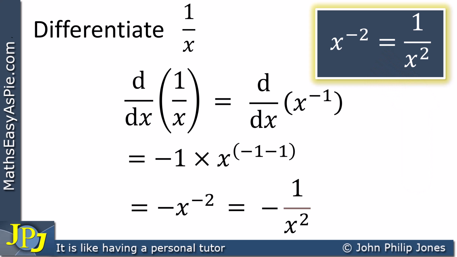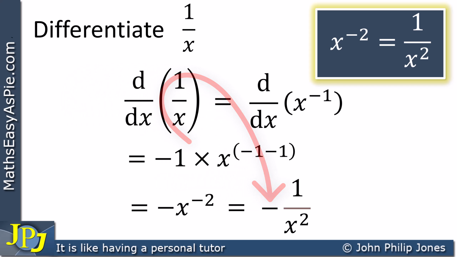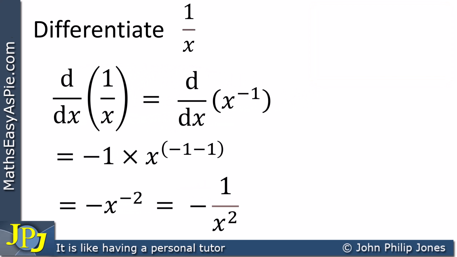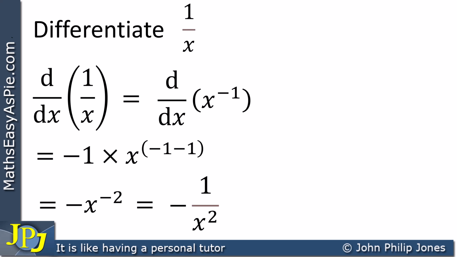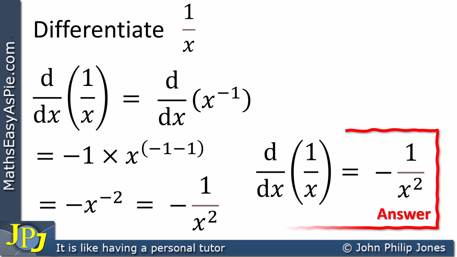Armed with this knowledge, I can replace x to the minus 2 with 1 over x to the 2. Of course, we mustn't forget this minus, so you can see the minus appears here. So let's move this to one side, and we now can write out the answer as you can see appearing here.